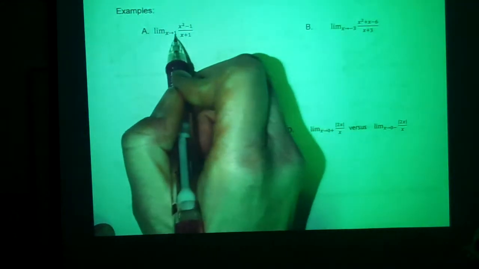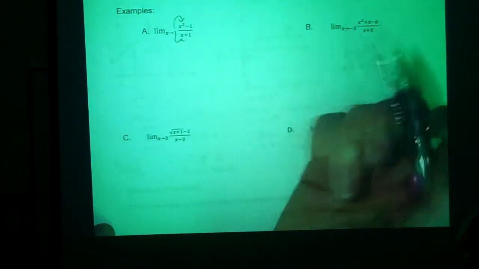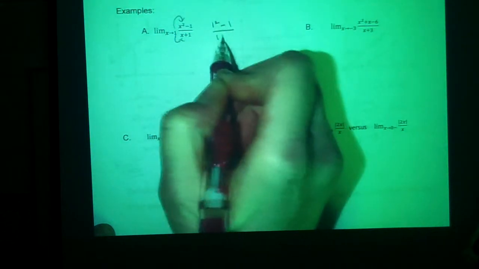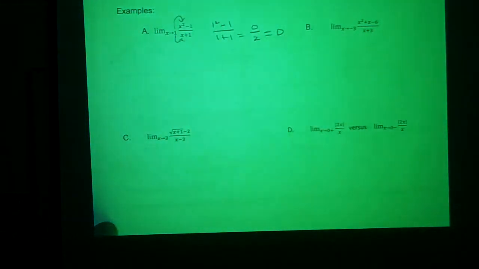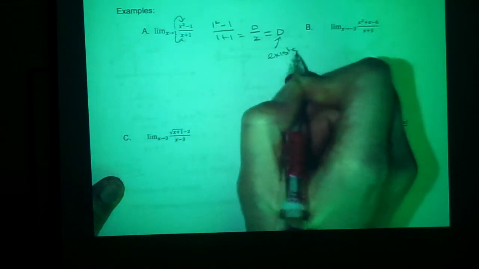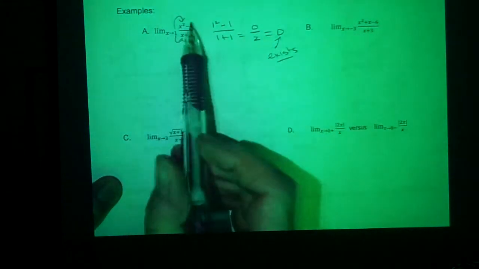So in example A, I'm going to plug in the number 1 where x is in the numerator and the denominator and see what happens. In this case, 1 squared minus 1 over 1 plus 1 is 0 over 2, which is 0. And if this value exists, then that's my answer. The limit as x approaches 1 on this particular function is 0.